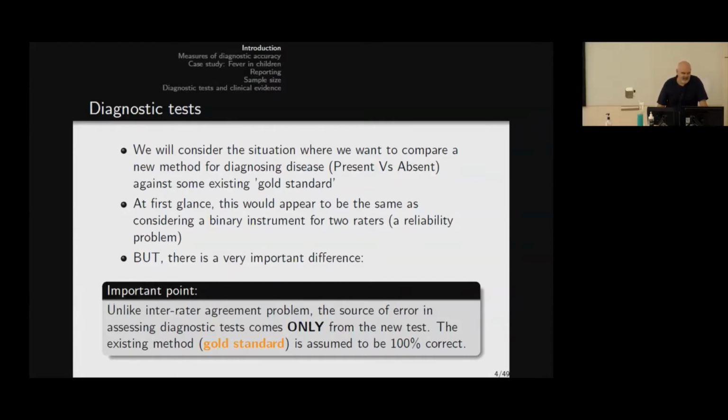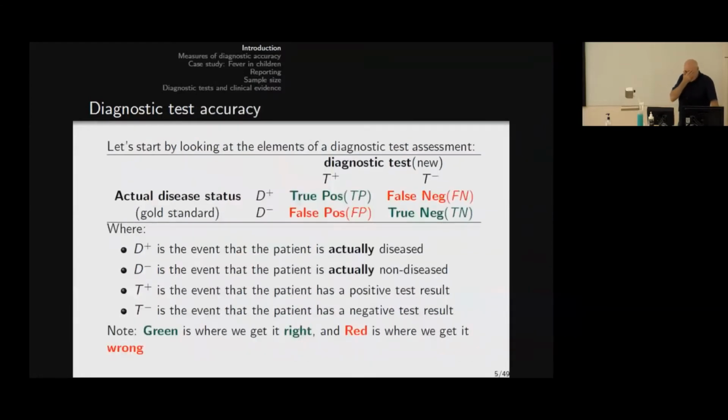Okay, so let's start by talking about the elements and really how we calculate all of these different statistics. So let's look at a diagnostic test table. The first thing we should notice is that we have the truth, according to our gold standard over here, the actual disease status, whether you have the disease, D+, or whether you don't.